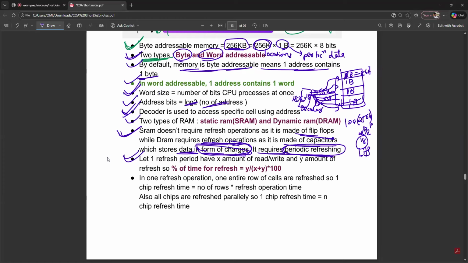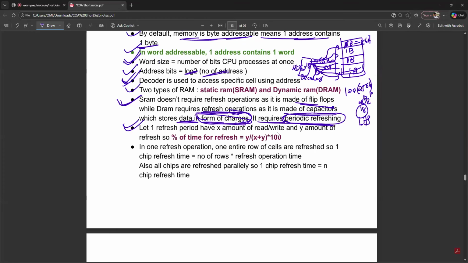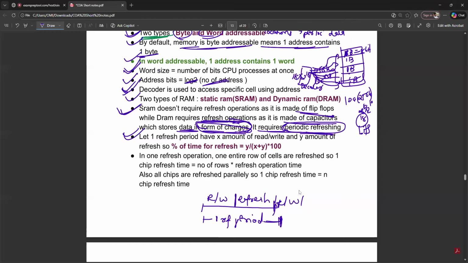Let one refresh period have X amount of read/write time and Y amount of refresh time. So here read/write happens, then refresh happens, then again read/write happens, and it keeps going: read/write, refresh, read/write, refresh.